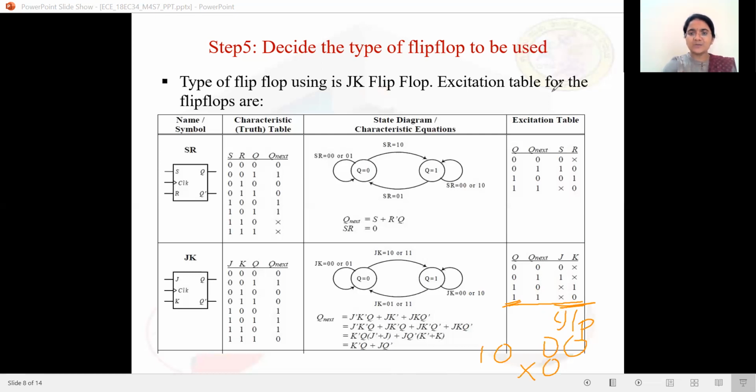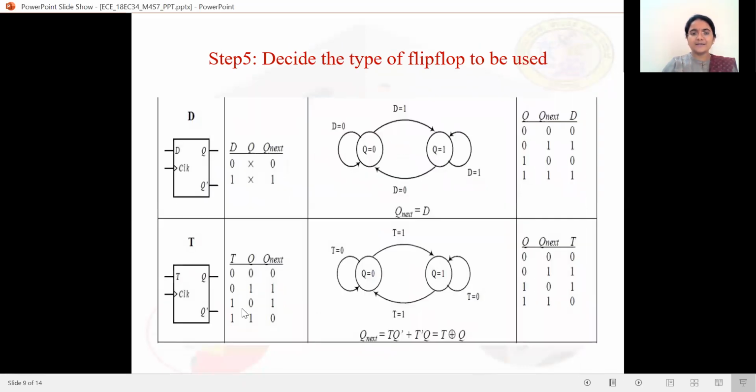In this way, we have to write the excitation table, and then we get the excitation table for the flip-flops. These are the D and T flip-flops. This is the characteristic table, this is the state diagram for the flip-flops, and this is the excitation table for that.